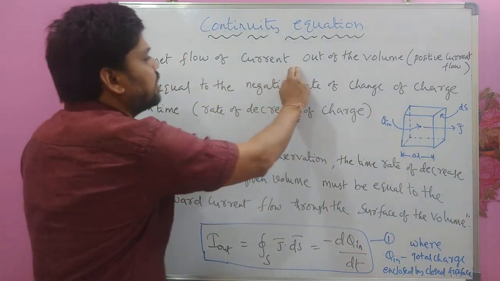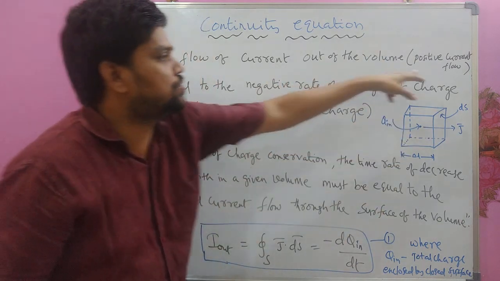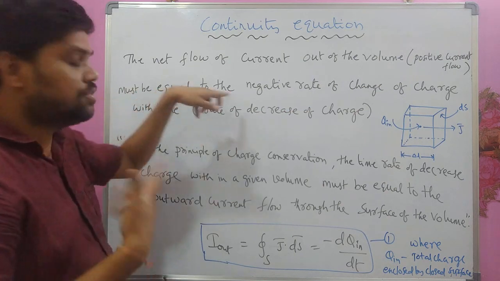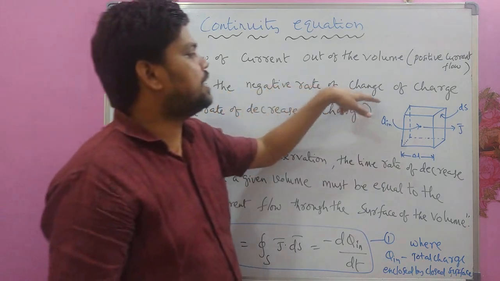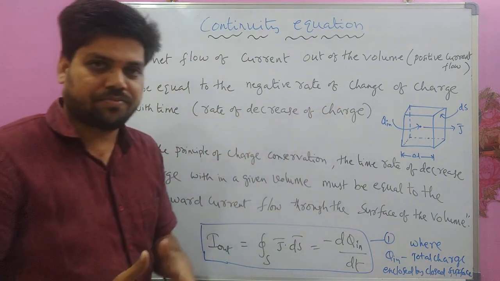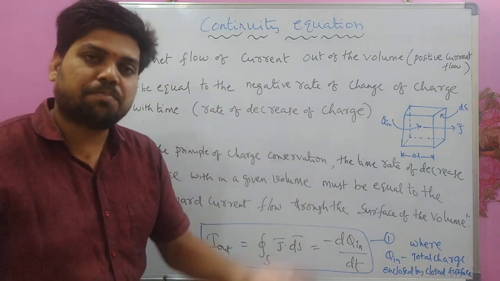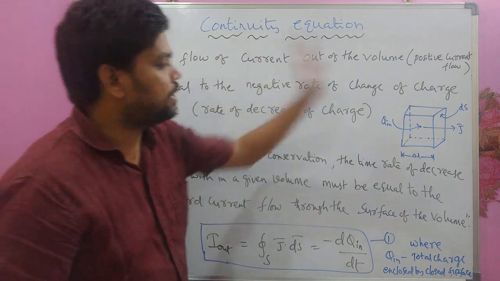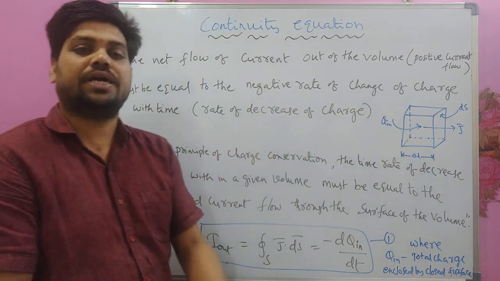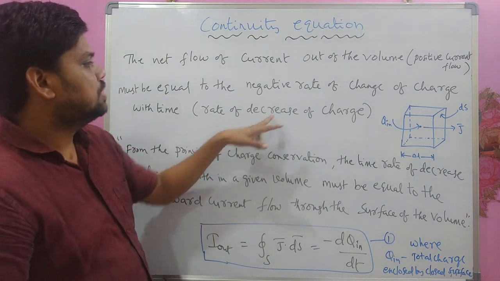The net flow of current out of the volume, that is positive current flow, must be equal to the negative rate of change of charge, the rate of decrease of charge. Whatever the positive current flow that is happening here is exactly equal to the negative rate of charge.